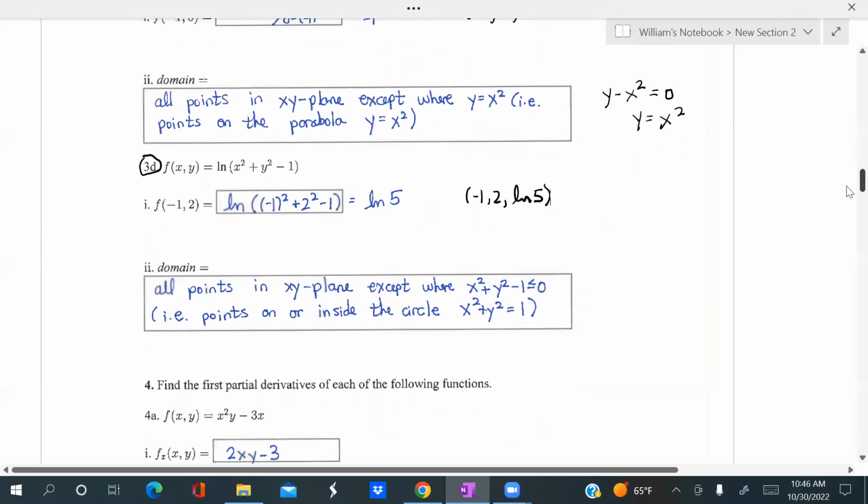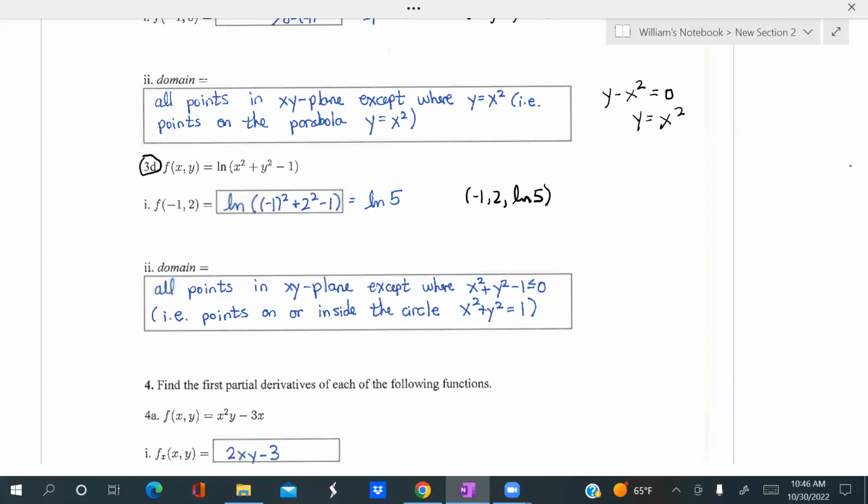All right, now let's look at the domain. Keep in mind, when you're evaluating an expression involving natural log, it is only defined for positive values. It's not defined for 0, and it's not defined for negative values.